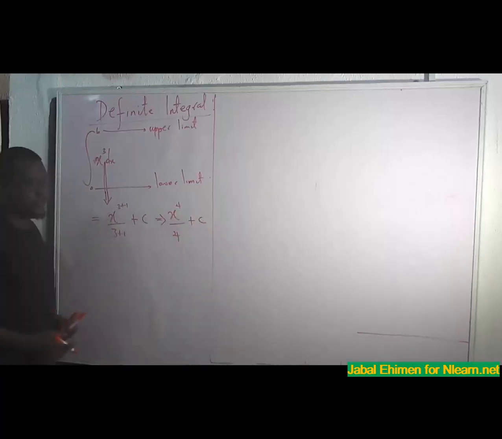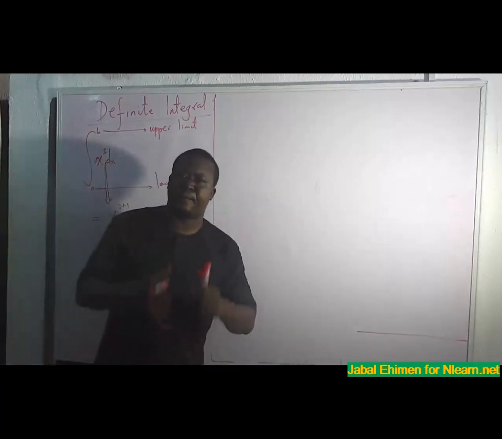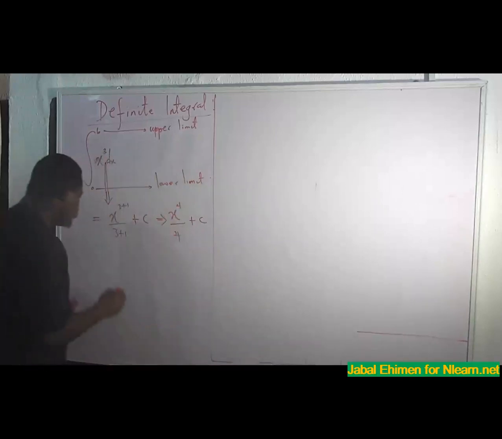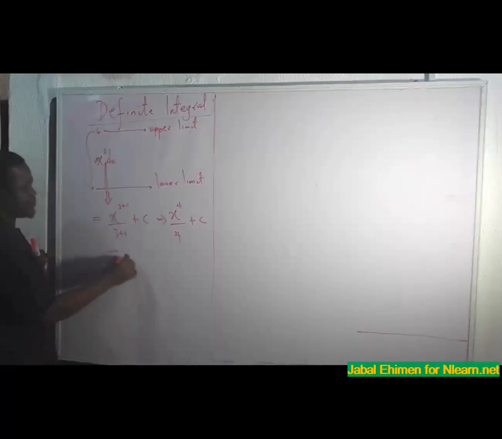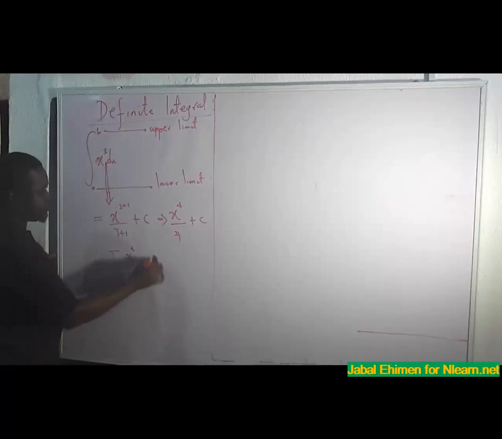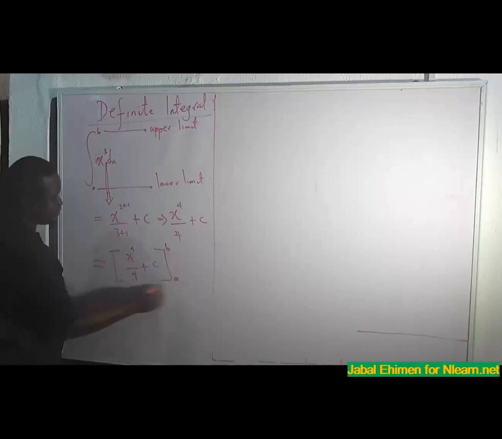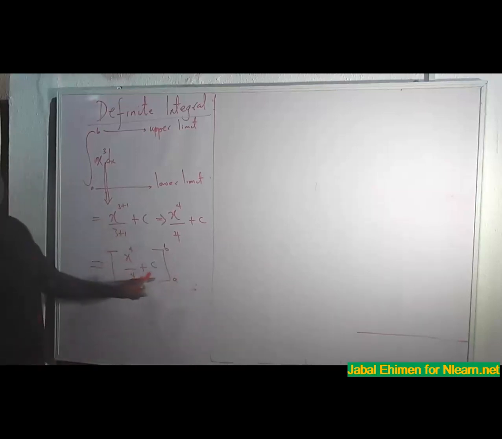That's your normal integral. But for you to get an appropriate value for this, you need to have a bracket for it. The bracket is x to the 4 over 4 plus c. You have at the top the upper limit, which is b, and below you have the lower limit, which is a. So class, you take note of this first.